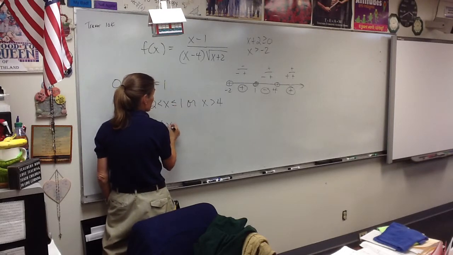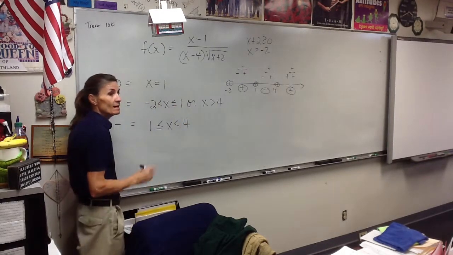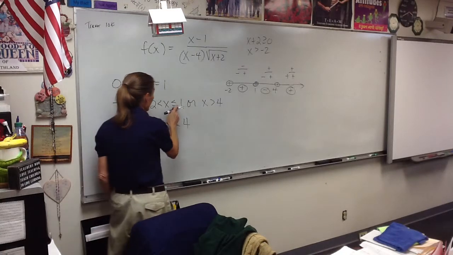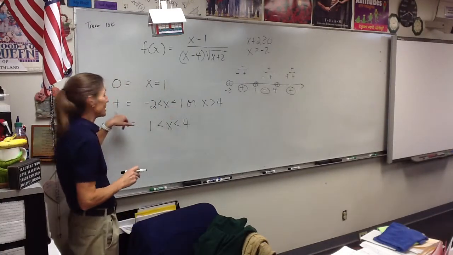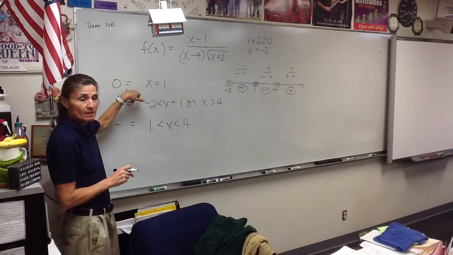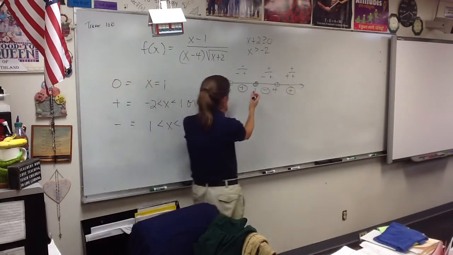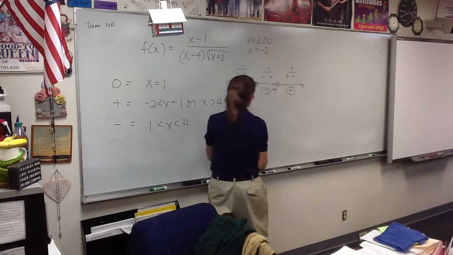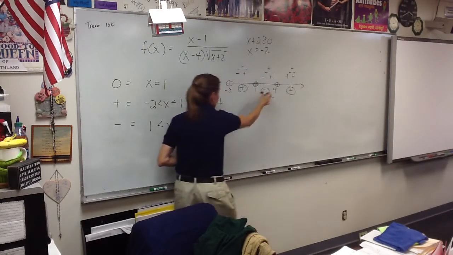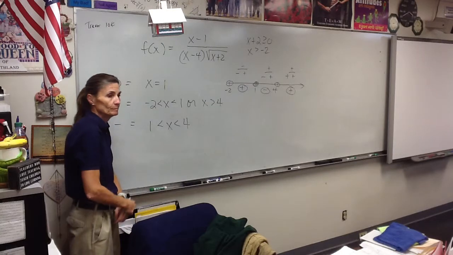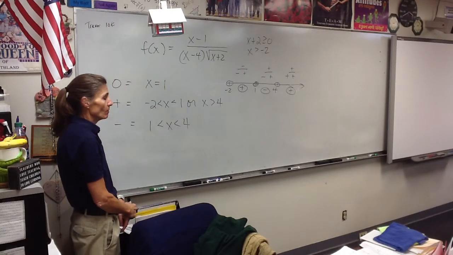We're gonna talk about that. Between 1 and 4? I should have put the or equal to on there. No, because if I put in 1, I don't get positive, I get 0, right? So my positives are really just this section and this section, not including the 1. And my negatives are this section, not including the 1. Yeah, I gotta be careful about that.